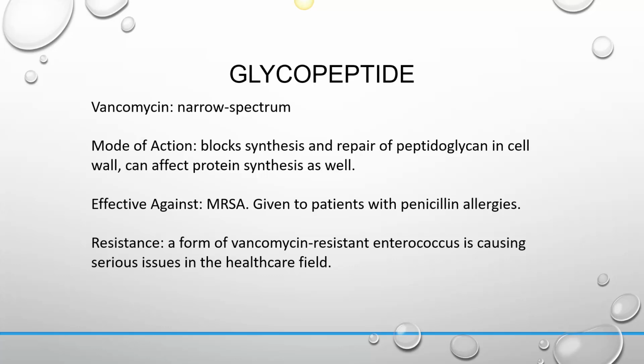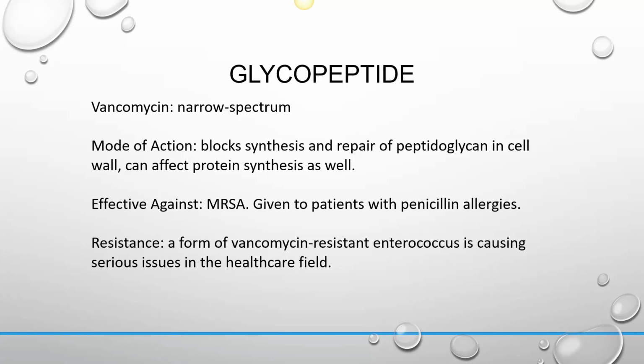So with MRSA, since methicillin doesn't work, you usually give vancomycin. Vancomycin is kind of a last resort drug. So if vancomycin doesn't work, it's really difficult to find another drug to treat. So patients with penicillin allergies also benefit from vancomycin.